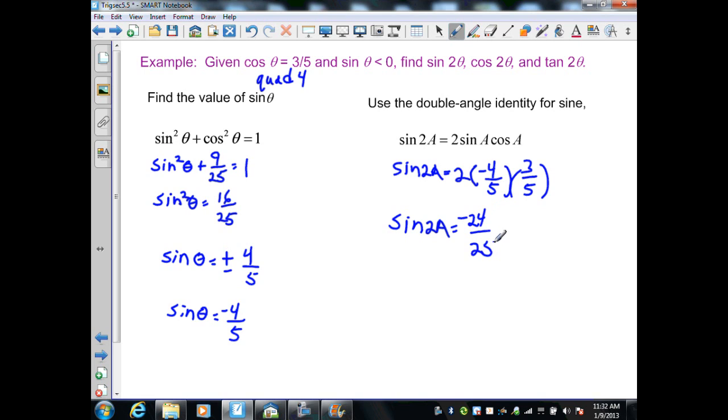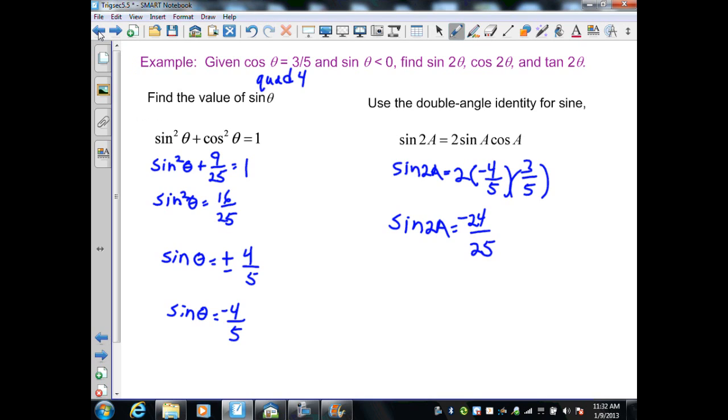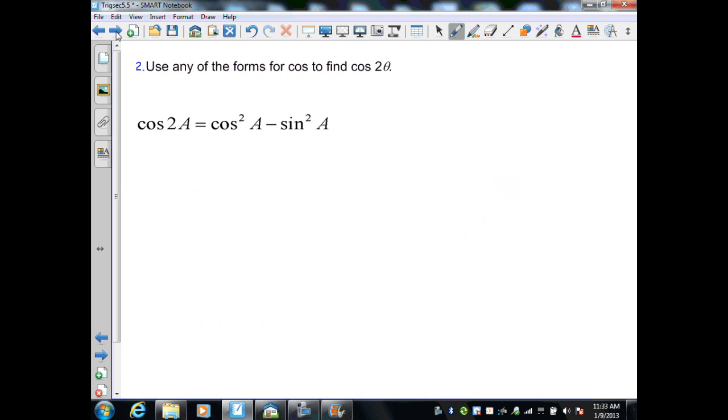over 25. Now what I want to do is find cosine 2 theta, and I have the identity down, one of the forms, to be cosine 2a equals cosine squared a minus sine squared a. From the previous slide, I know that cosine theta is 3/5, and I know that sine theta is a negative 4/5. So all I have to do is substitute in for cosine, 3/5 squared, minus sine, which is a negative 4/5 squared.